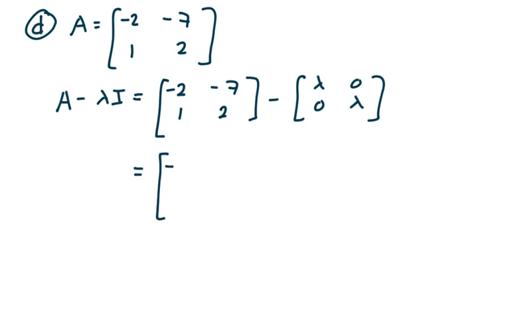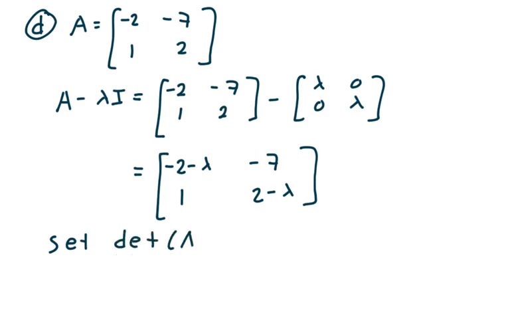And then from here, we get [-2 minus lambda, -7; 1, 2 minus lambda]. And so I'm going to set the determinant of A minus lambda I equals 0.